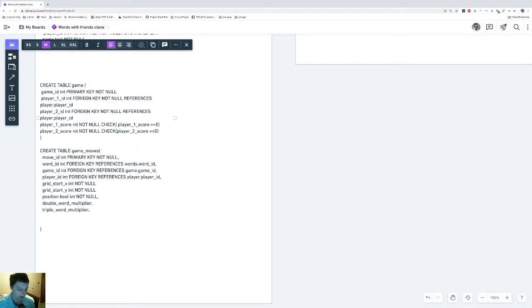You could also have a double letter, though the letter, if you do letters, you'll kind of need to know which letters. This simple example may not cover that case, but for words, this would definitely cover word multipliers.